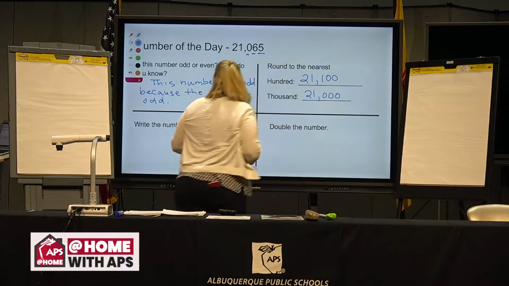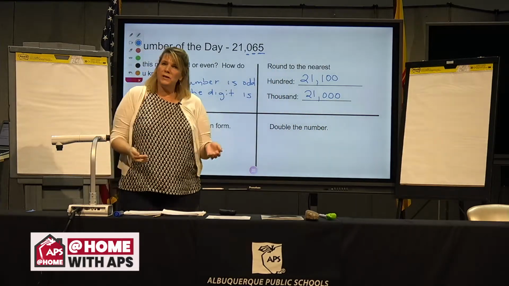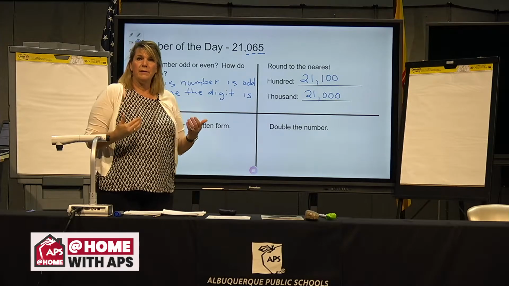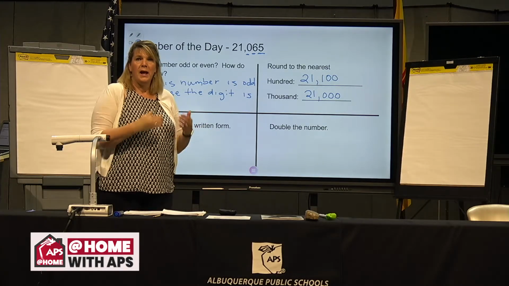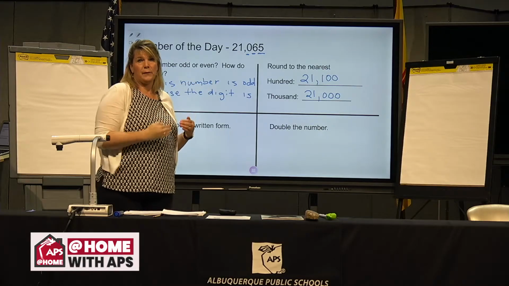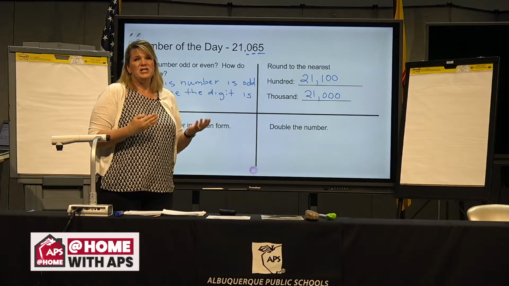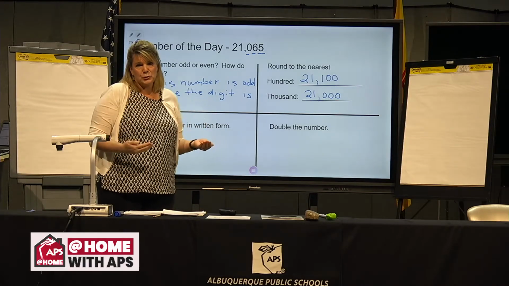Great job. All right. Now, I know we talked about yesterday, we wrote it in an expanded form, which was where we added the values of each of those digits and put them out all together. So when we're writing it in written form is just where we write out the actual words.